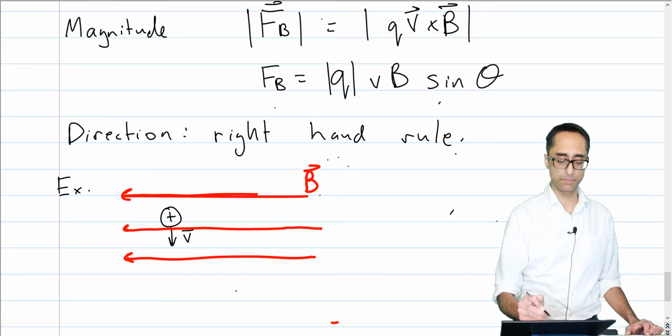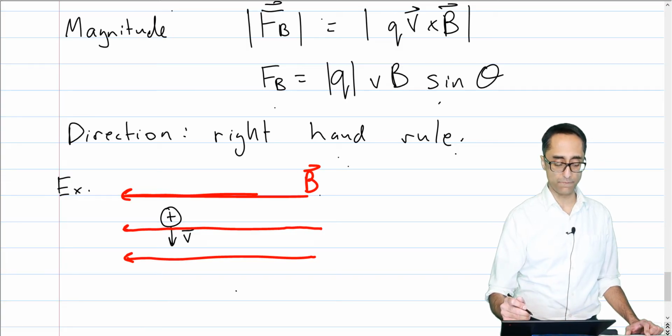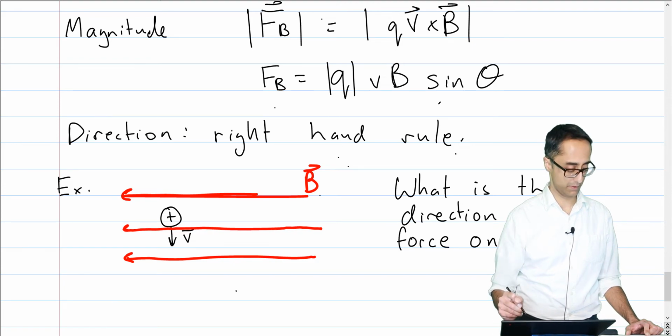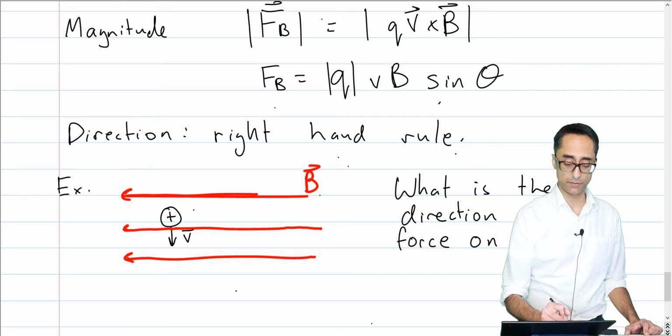And so that is B. And we're good to go. All right. What is the question? I want to know, what is the direction of the force on Q? This is our charge Q.